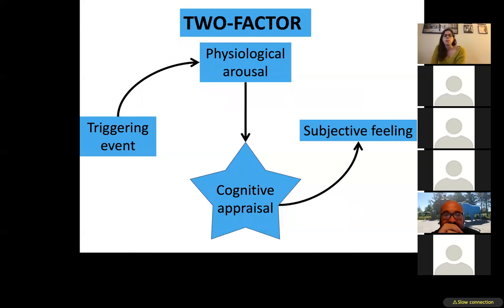Sometimes you are trying to make sense of this cognitive appraisal, or trying to make sense of the triggering event. So you're using this cognitive appraisal. So you're saying, why is this happening? And leading to this feeling.